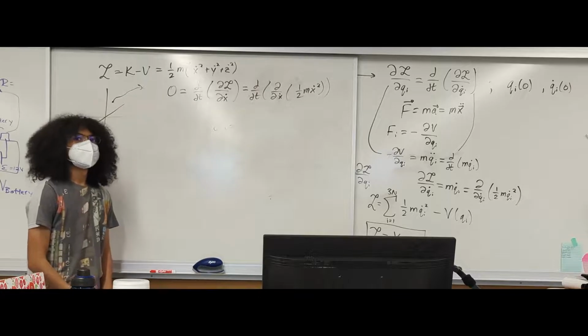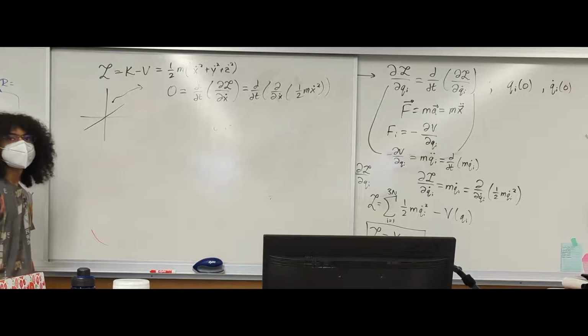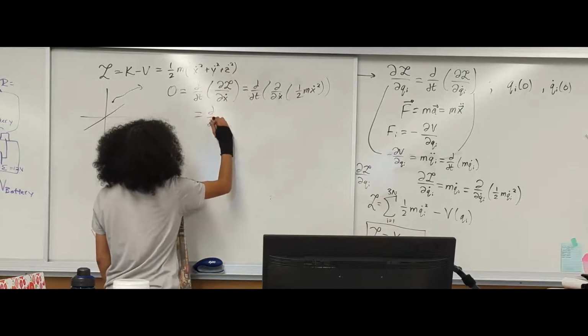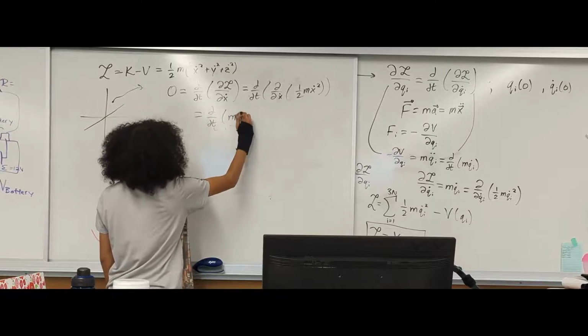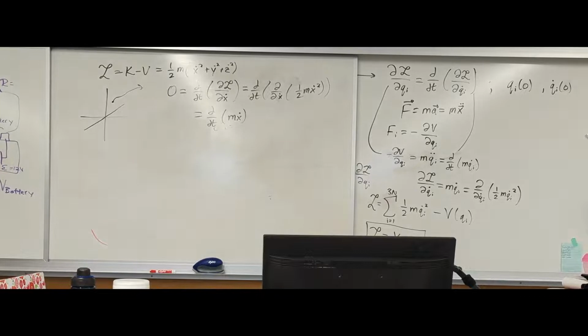That would just be the derivative with respect to time of m x dot. Yeah, exactly. Oh, never mind. Okay. Does it make sense now? Yep, I just did a stupid calculus mistake and went backwards. It's okay.